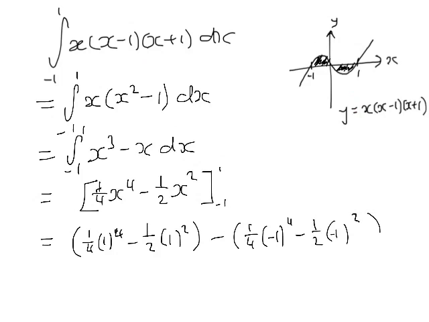So in this bracket here, we've got a quarter times 1 to the power 4. 1 to the power 4 is 1, so we've got a quarter minus a half times 1 squared. That's minus a half. And in this bracket here, we've got -1 to the power 4, so we've got a quarter minus a half.